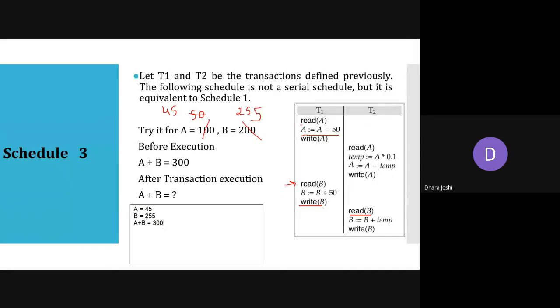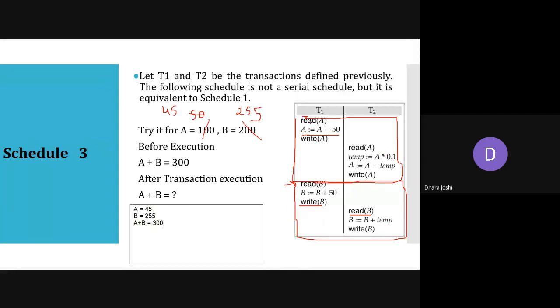If you have observed what we have done in this schedule number 3, in the first time span, we have completed all the transactions occurring on data item A, and after that we have completed those on data item B. So it does not look like a perfect serial schedule, because we have not finished the entire transaction T1 and then started transaction T2.